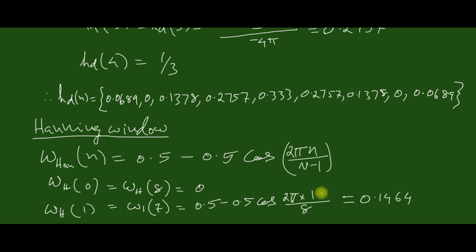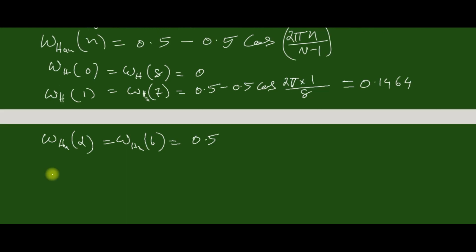N equal to 1, value is 0.1464. Next, wh of 2 equal to wh of 6, which equals 0.5.